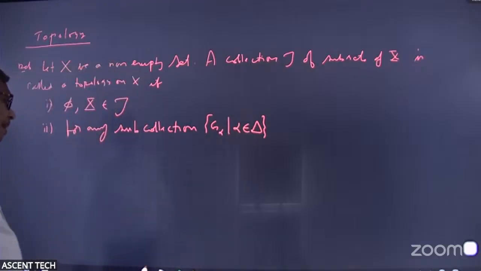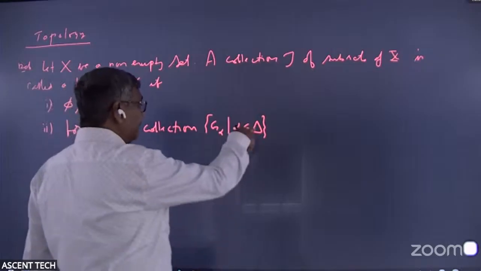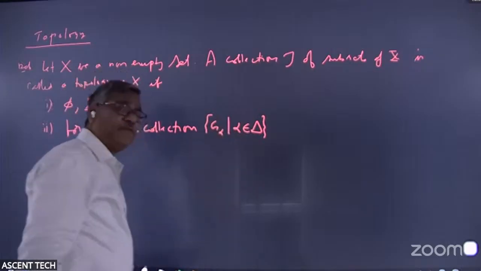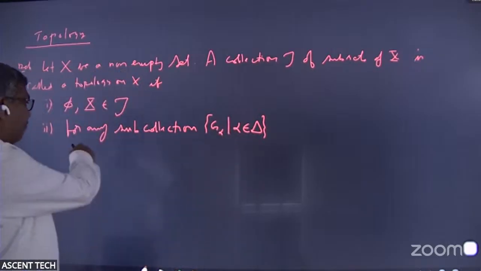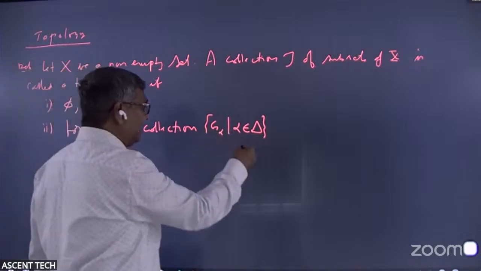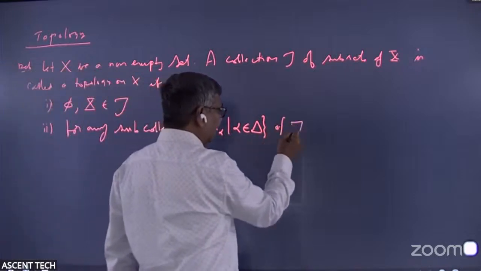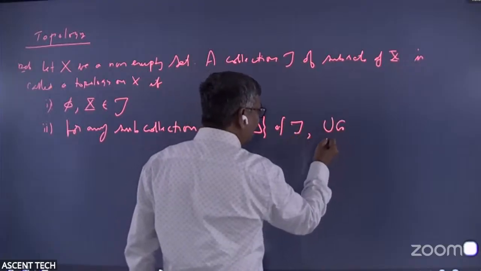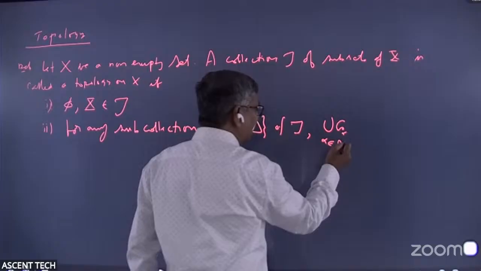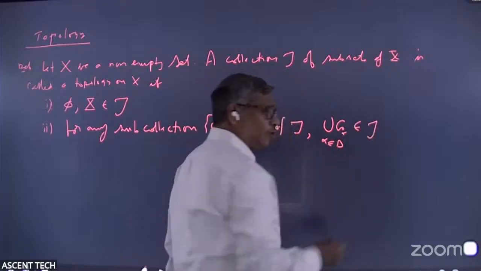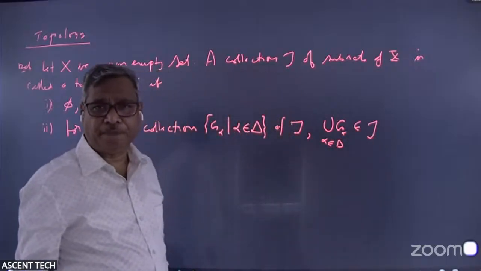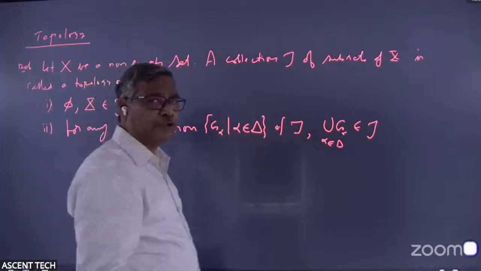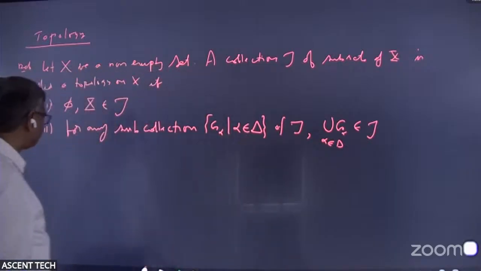It can be infinite or uncountably infinite. It can be anything. I have a whole class of sets G alpha. For any subcollection G alpha, alpha in delta, of T, the union of all of them, union G alpha, alpha in delta, is also in T. So if I take a bunch of objects in T, their union also must be in T.